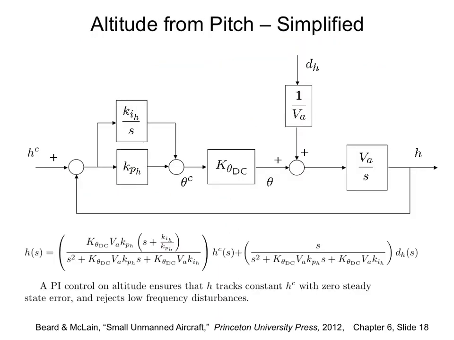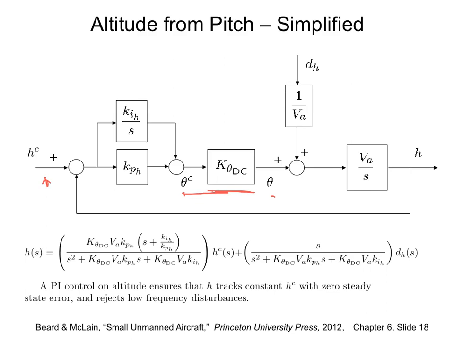So the whole inner loop, theta commanded to theta, is replaced by K theta DC. At the outer loop speed, the output is just theta commanded times K theta DC. The objective is now to get a commanded height.